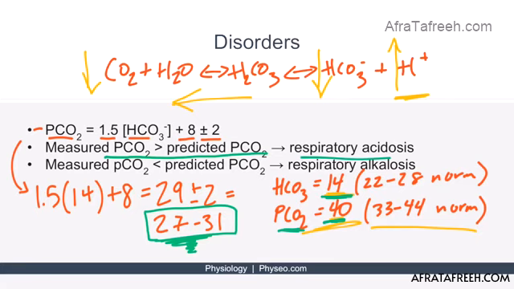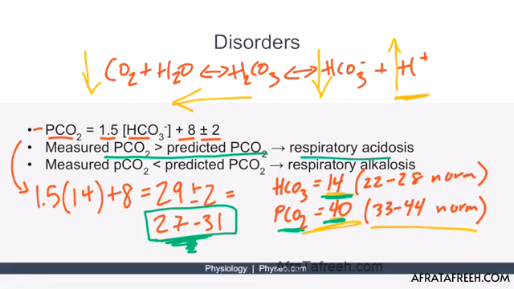It helps predict what a normal reference range of partial pressure of carbon dioxide should be and tells us how the lungs should be behaving during a metabolic acidosis. As I've just shown, if the measured partial pressure of carbon dioxide is greater than the predicted partial pressure of carbon dioxide, then there is a concomitant respiratory acidosis.